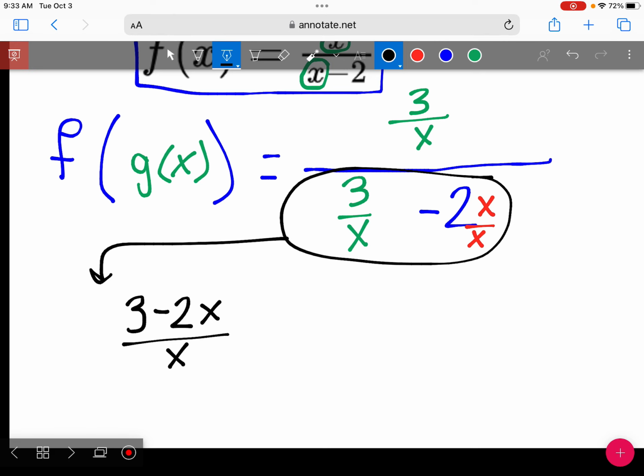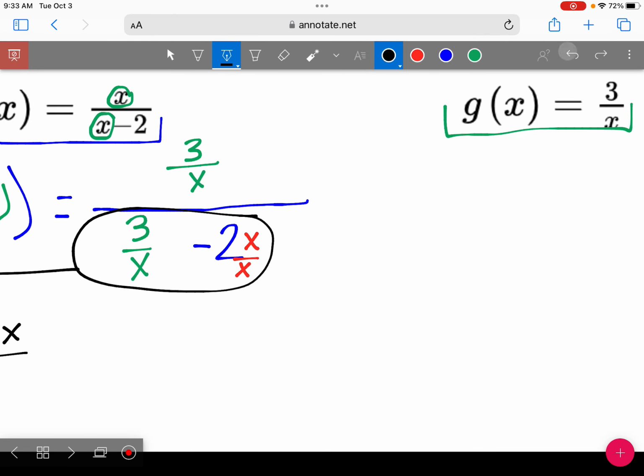So we have our whole function over here. I'm going to write it again. We have 3 over x, big over 3 minus 2x over x. When we divide by a fraction, what is the way easier way to do that?